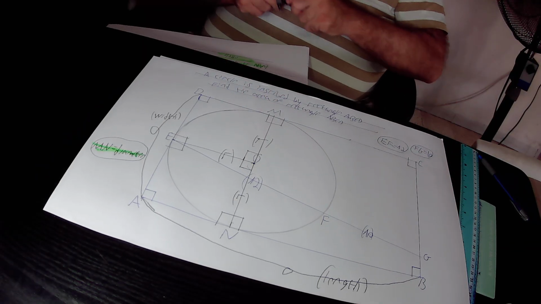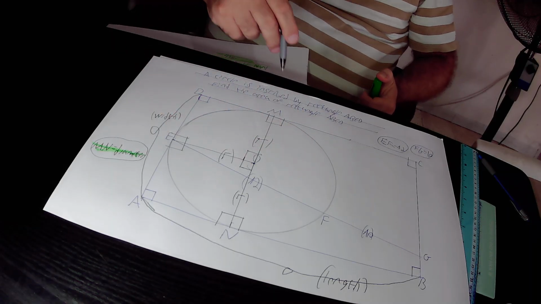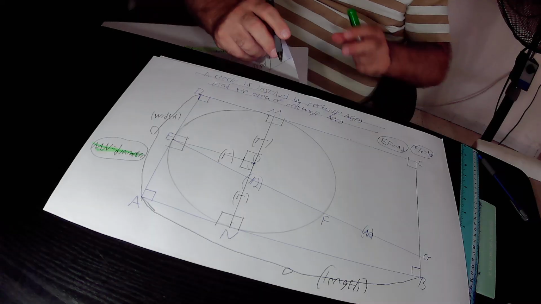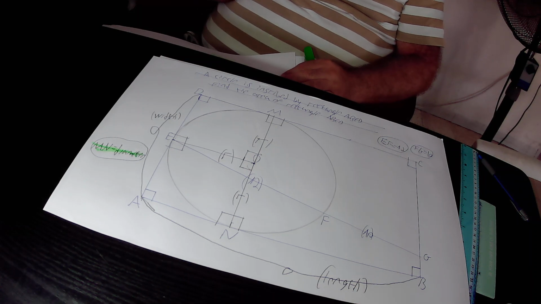So actually this shape DMNA consists of 4 sides, 1, 2, 3, 4, and therefore shape DMNA is a quadrilateral. So write it down.